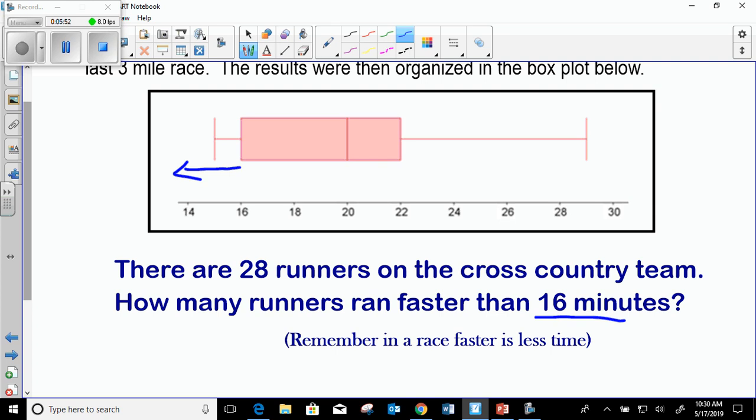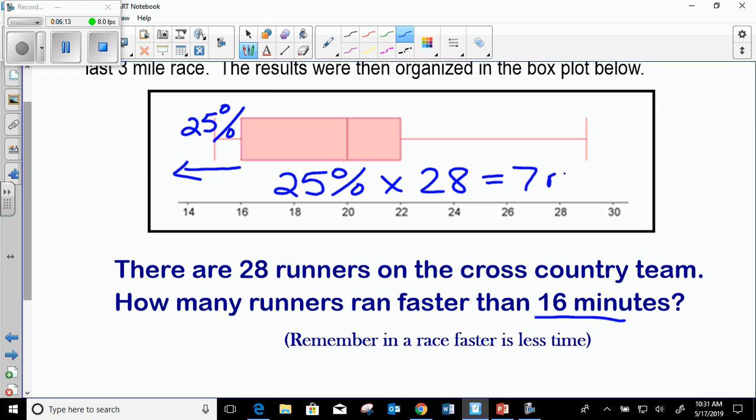So if you look at this, what percentage is the lower part? That's 25%. So you're going to take 25%, which is 0.25, and multiply that by 28 runners, and you're going to get 7 runners. So that was the answer for that one.